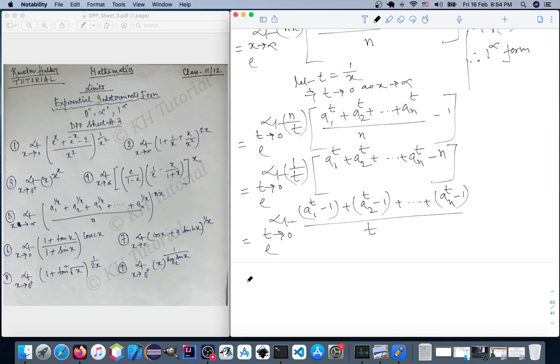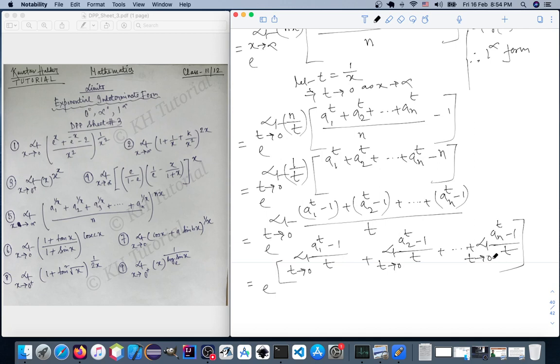Okay, now we have the standard form. We can apply limits to the individual standard form, so we apply the standard result a to the power x minus 1 by x when x tends to 0 is log a.